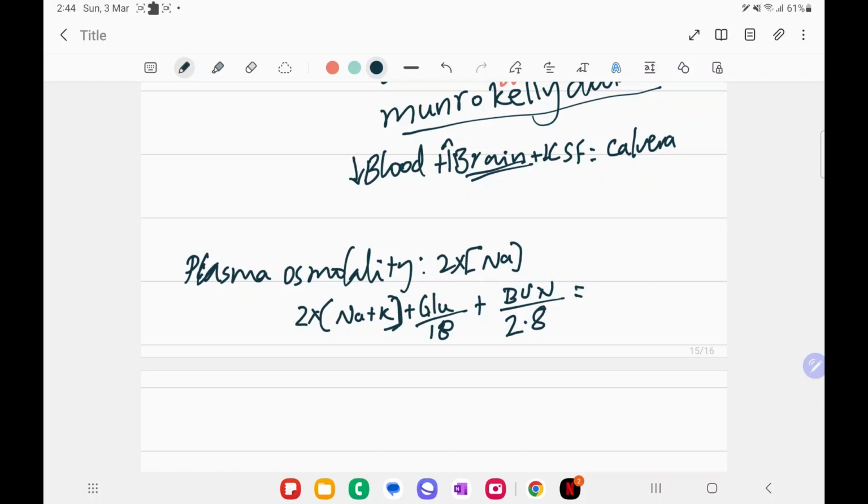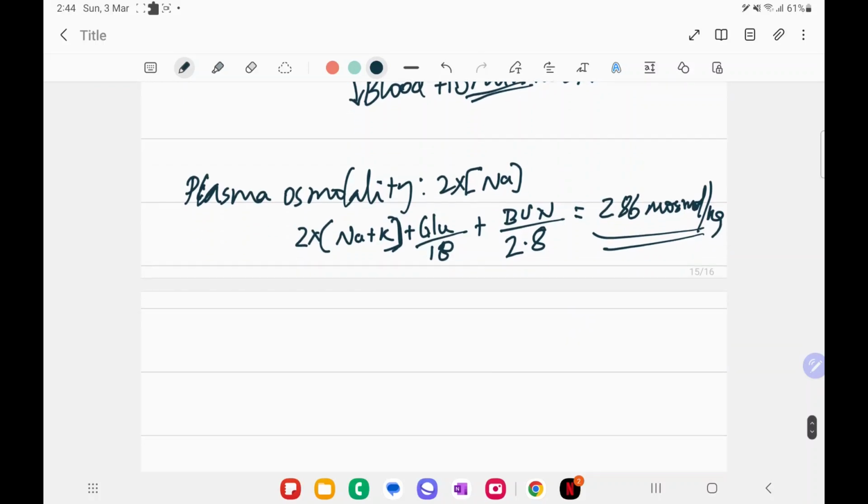Add this up, and the tonicity usually should come to somewhere around 286 milliosmoles per kilogram. This is the most impressive number you can use, better than the number 300, if you say 286.